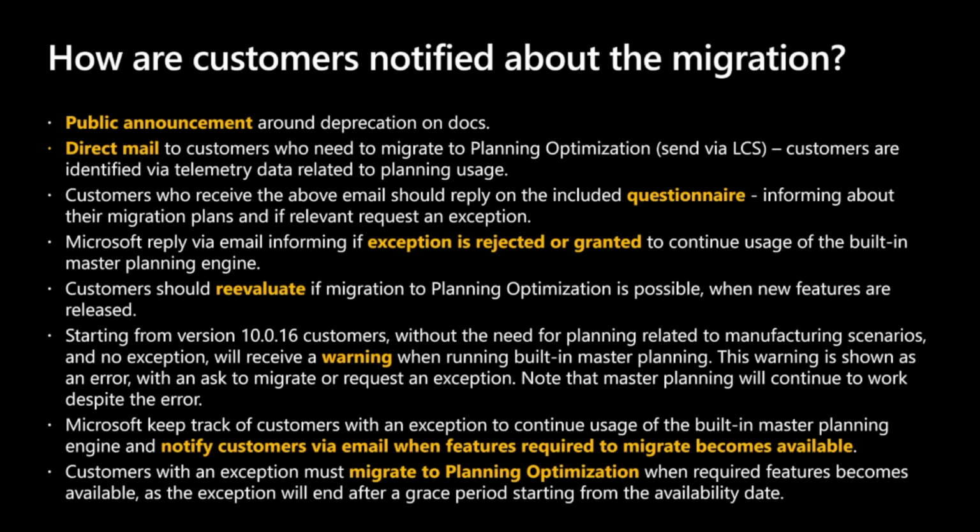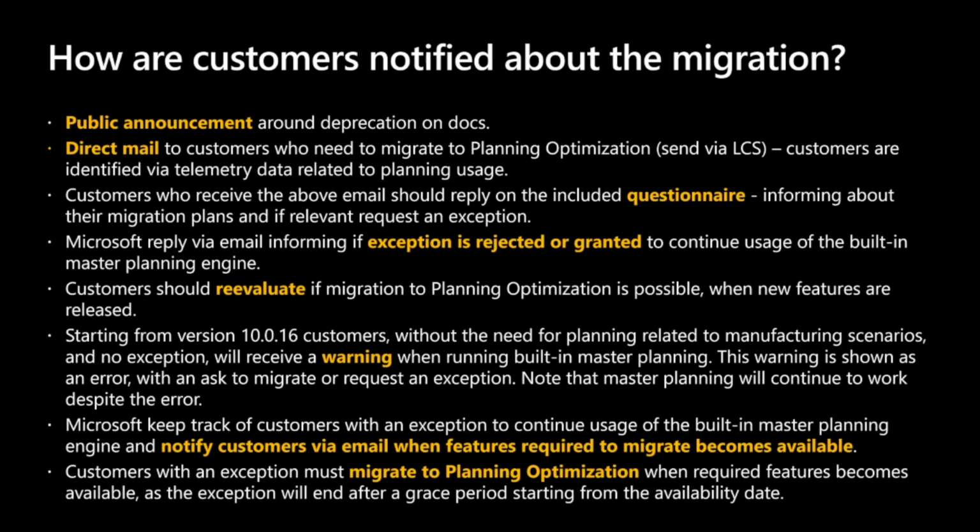We will not do that until we have more production support. So once the exception request is submitted, we will reply over email to the email provided in the questionnaire, whether it's rejected or granted, and we will have some follow-up.